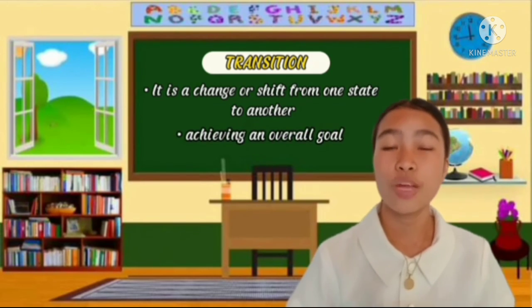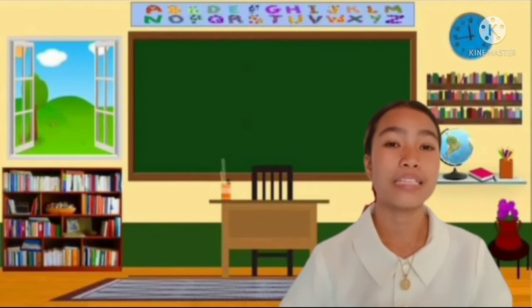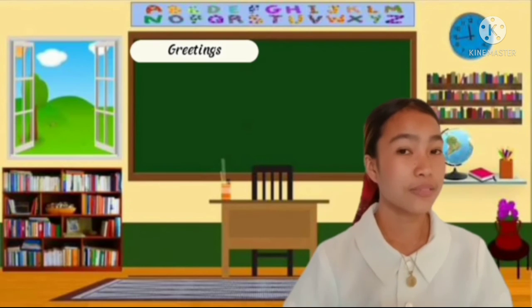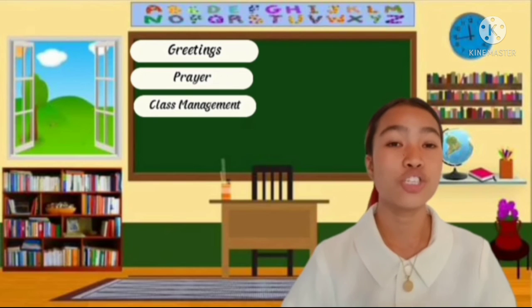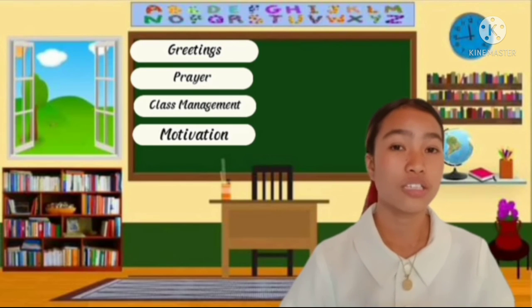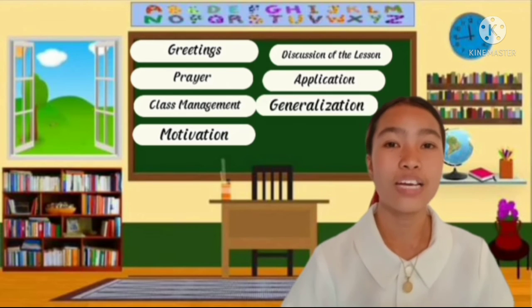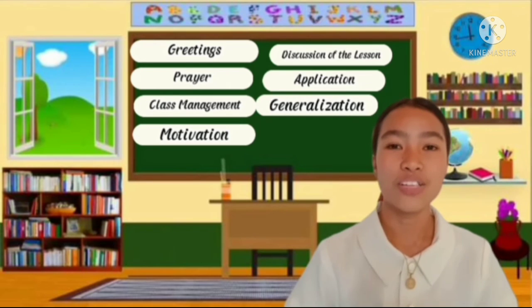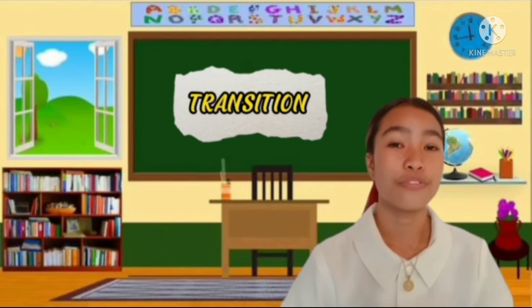And in achieving an overall goal, for example, in a lesson plan, we have greetings, followed by prayer, class management, motivation, discussion of the lesson, application, and also the generalization. And these are examples of transition.